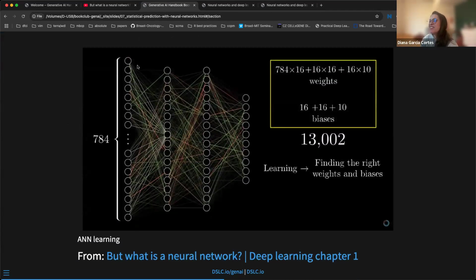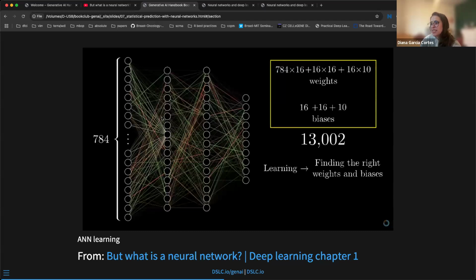Now that we have our architecture, in this case, the 784 neurons in our input layer, the 10 output neurons for the digits, and two hidden layers, that will mean that we're gonna have around 13,000 elements in this network.